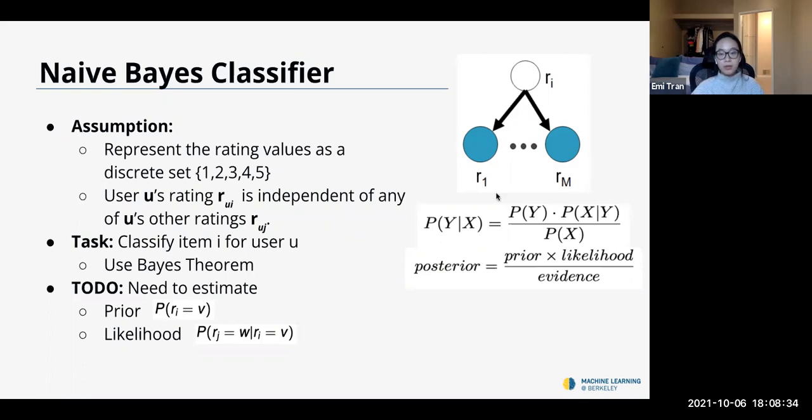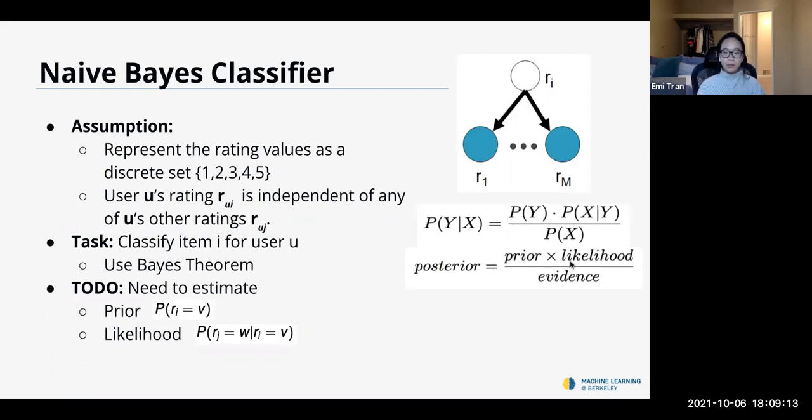In the end, you're trying to find the posterior likelihood of that rating. Is that rating probably going to be 1, 2, 3, 4, or 5? So the posterior probability. In order to find the posterior probability, you need to know the prior, likelihood, and evidence. Usually you already know the evidence, but you need to find the prior and the likelihood.